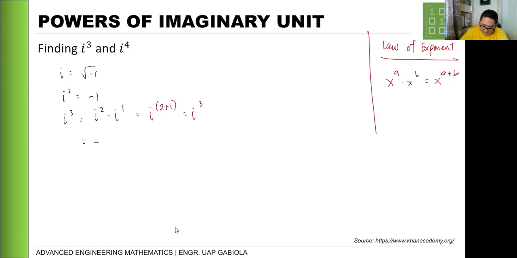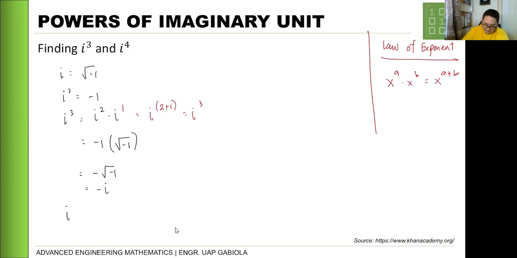So we have -1 times the value of i, which is the square root of -1. So this means i raised to 3 is equal to a negative square root of -1, or a negative i. Okay? So that is its value. i cubed is equal to -i.